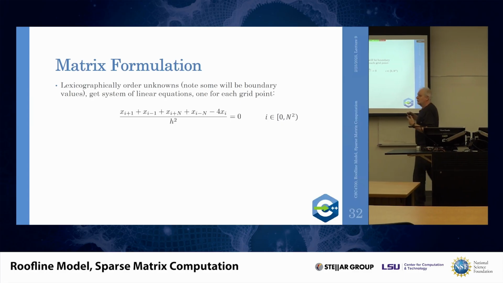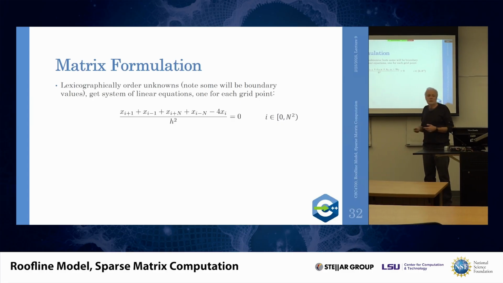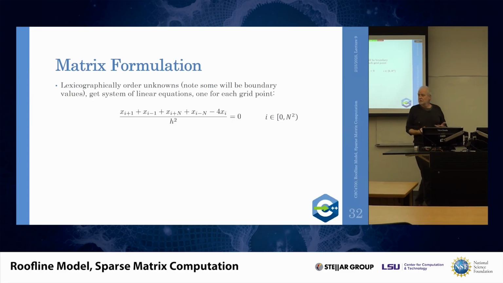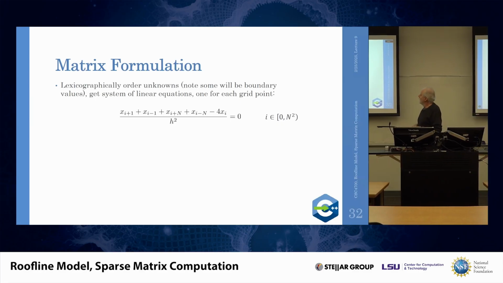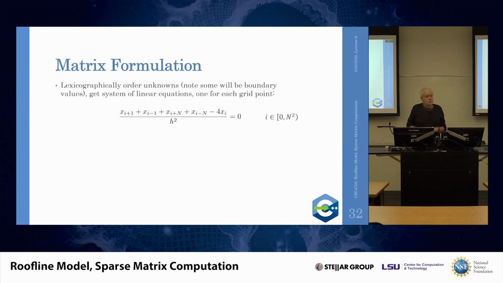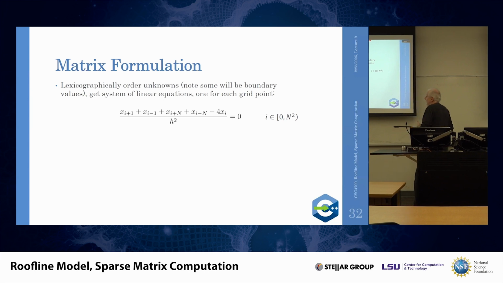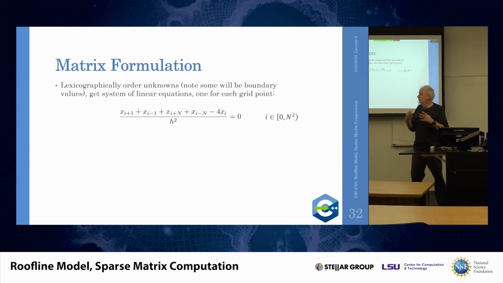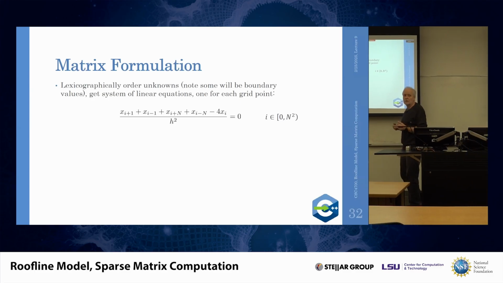So we get a system of linear equations for i from 0 to n squared. For x, we have n squared unknowns, x_1 to x_{n^2}. And we get a system of linear equations we have to solve. So we have a fully linearized solution here that allows us to transform our initial setup, that Laplace formula, into a system of linear equations.